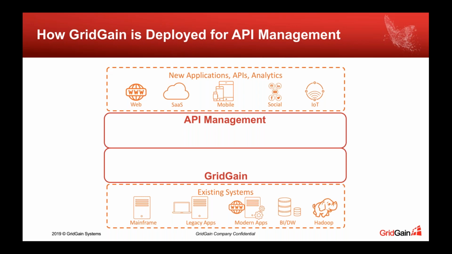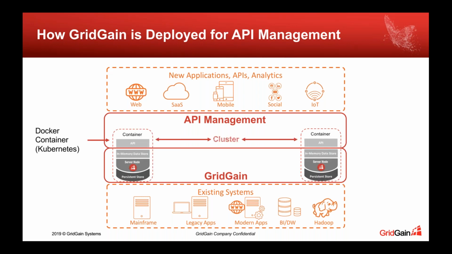This is generally how GridGain Ignite is used with APIs. The most common approach that people use, as phase one, is you're going to see clusters brought up that are a combination of APIs and GridGain nodes, which are the basic compute unit in a GridGain or Ignite cluster.